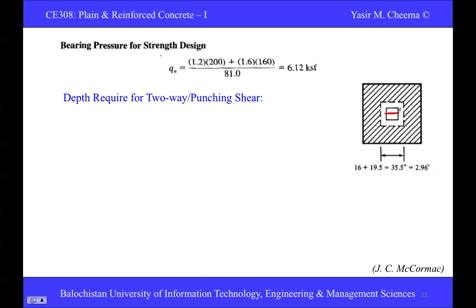So d by 2 from both sides, how much is d? d is 19.5 that we assumed. So with the 16-inch column dimension, the total comes to be 35.5 inch, that is 2.96 feet. So this dimension here is 2.96 feet.